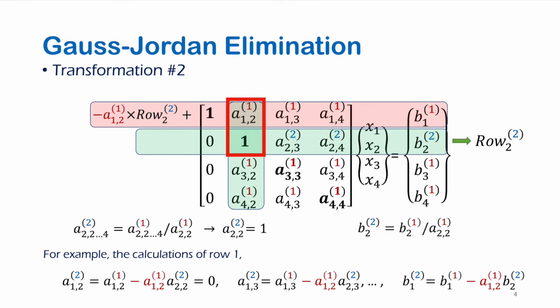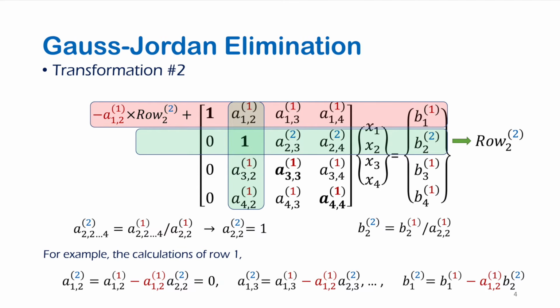So A12, the new value in transformation 2, will be equal to the old value minus A12, which is the common factor to be multiplied in the whole row, multiplied by the pivot element, which is equal to 1. So it will give us a 0 value for A12, while the other elements will get different values according to the corresponding elements in the pivot row.